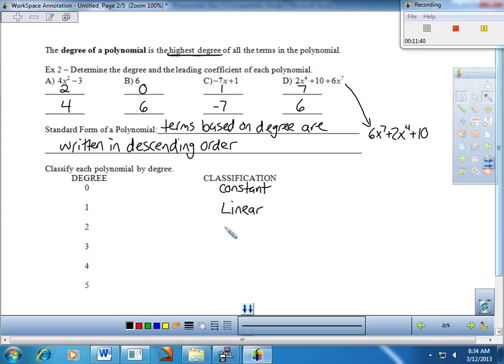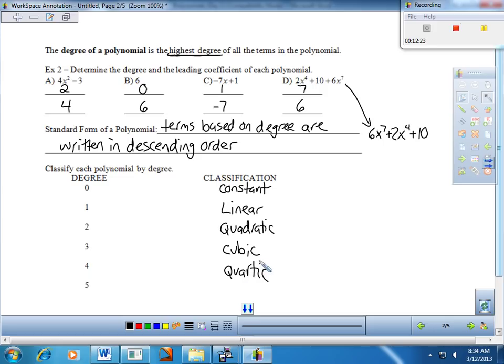Degree 2, a lot of work with degree 2. So degree 2 polynomials are the quadratics. So something like this right here. Again, anything degree 2, quadratic. And then we start to get into the higher level degrees. Degree 3, we do some work with degree 3s towards the end of the semester, cubic. Degree 4, a lot of work with degree 4s also.